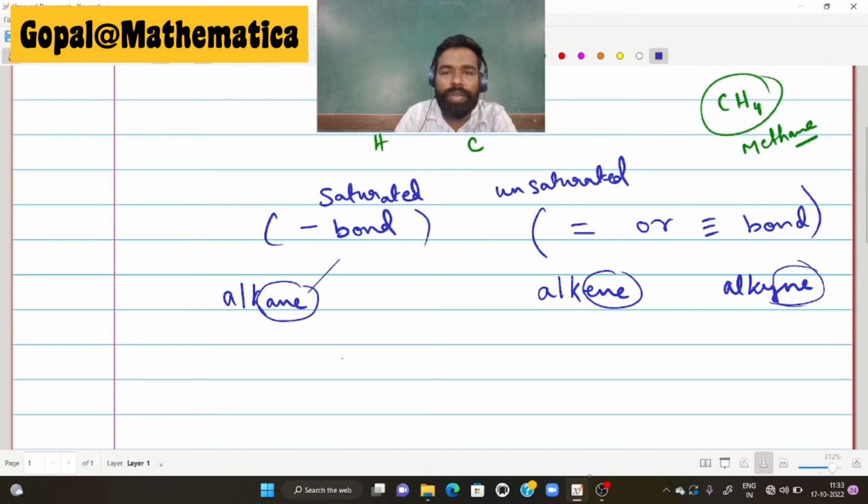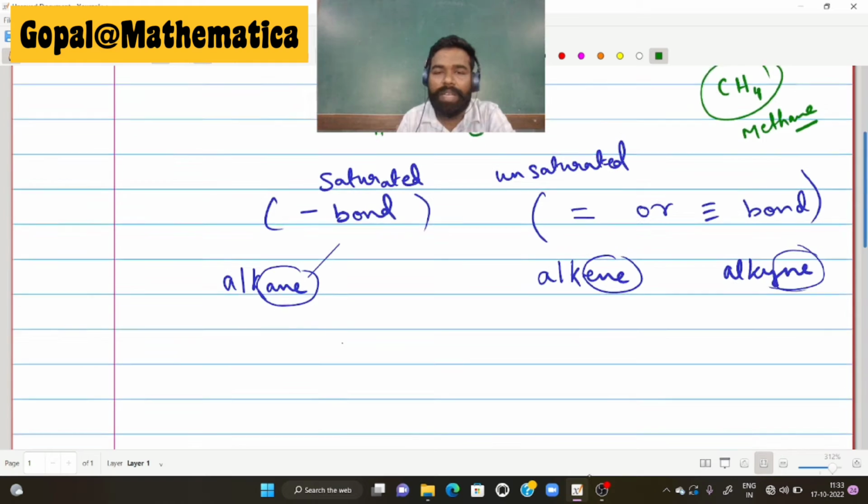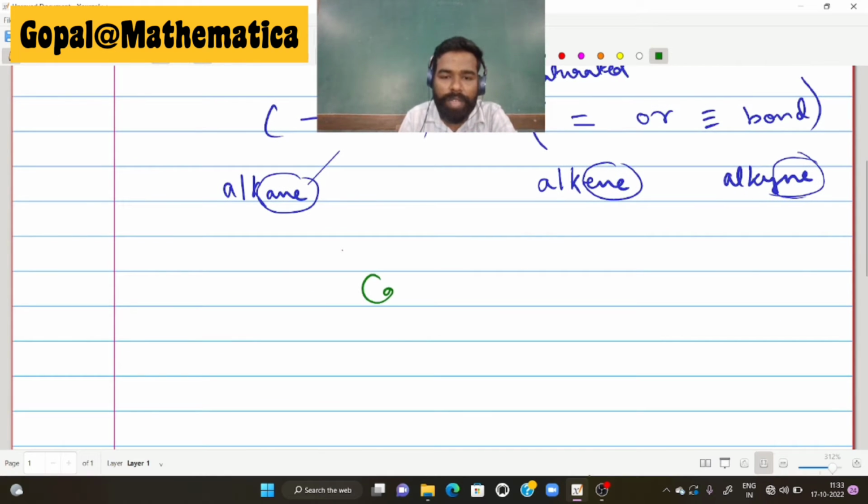Next we are going to see why carbon is so important for us. What is special in carbon? Carbon has two special properties compared to any other element in the periodic table.